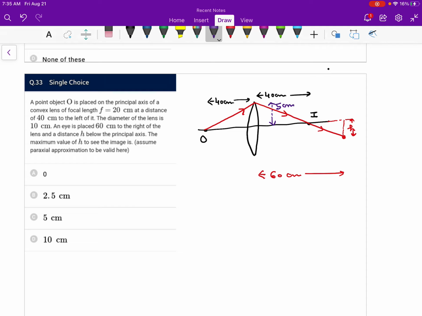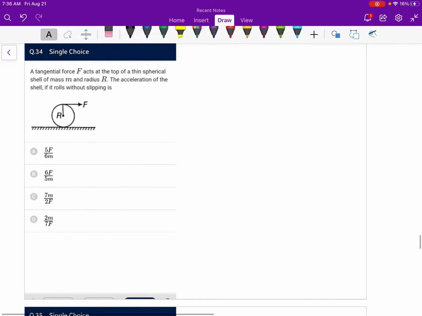So this is 5 centimeter and this is 40, this is 20. So 5/40 is h/20. In these two triangles I have applied the condition. 5/40 is equal to h/20, so h is 2.5 centimeter. So maximum height below the principal axis is 2.5.